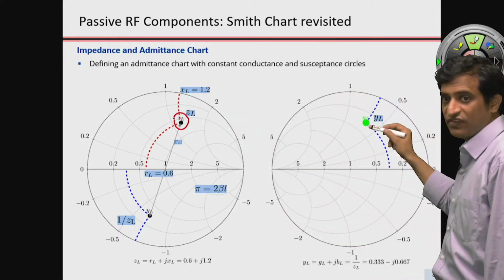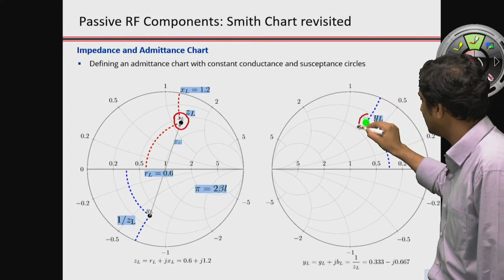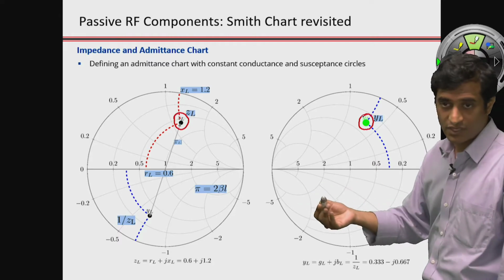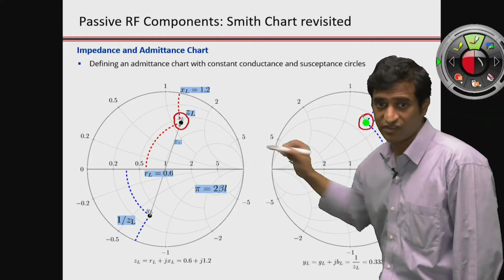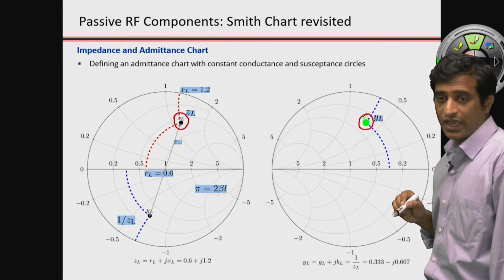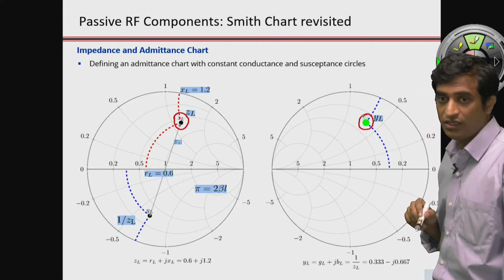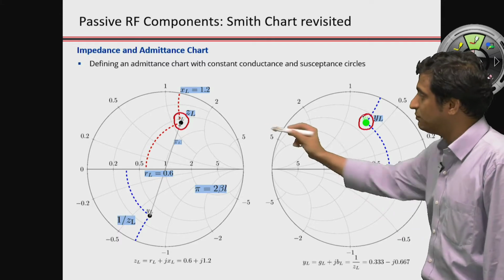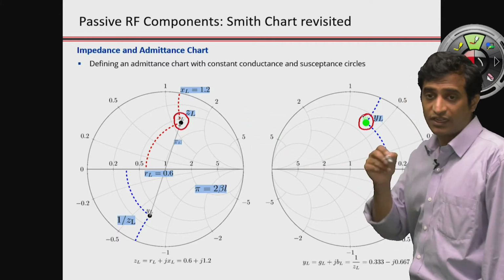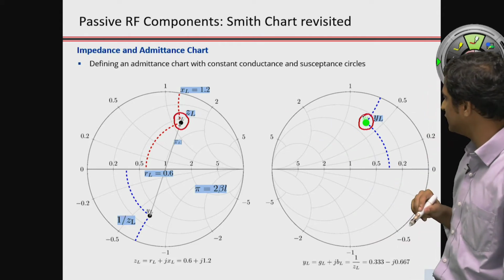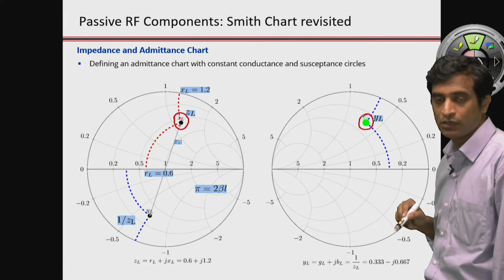The corresponding physical location in the admittance chart is still the same, but it has two different sets of curves, unlike the impedance chart. By traversing through those two sets of curves, we can obtain the admittance of that particular load impedance: the conductance and the susceptance can be read from that chart.